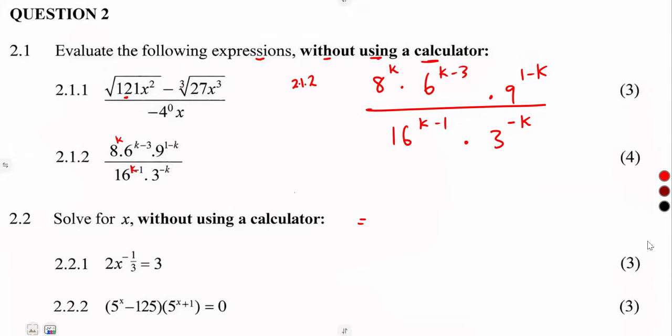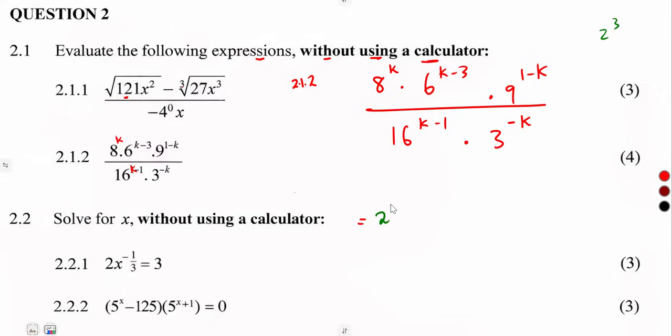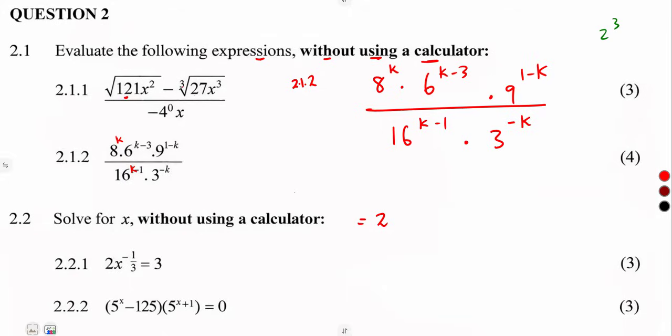So 8 is 2 to the exponent of 3. Or you can just use your calculator: 8 is equal to, then you press shift and the fact button, and that gives 2 to the exponent of 3. But already there is a k that we have, so it's just going to multiply.